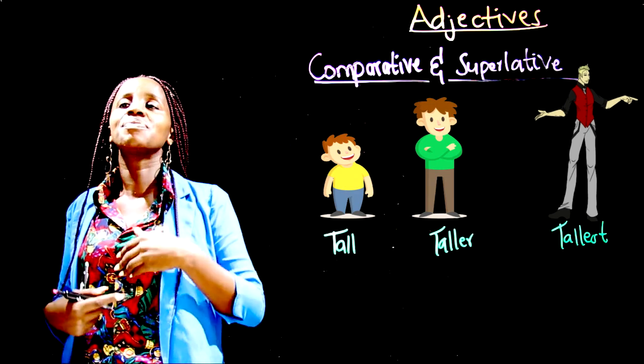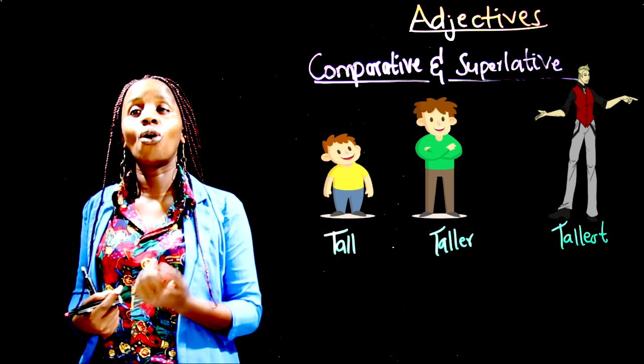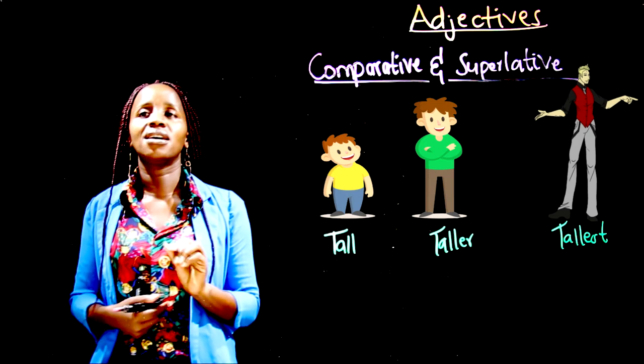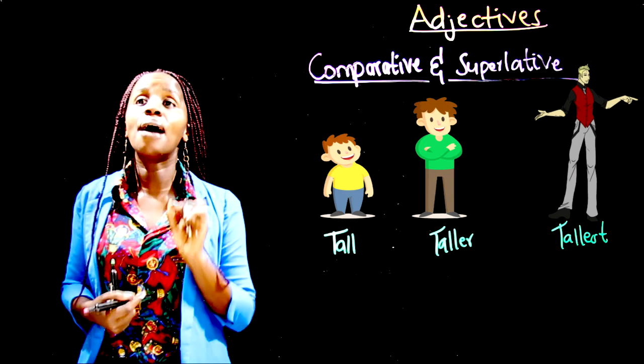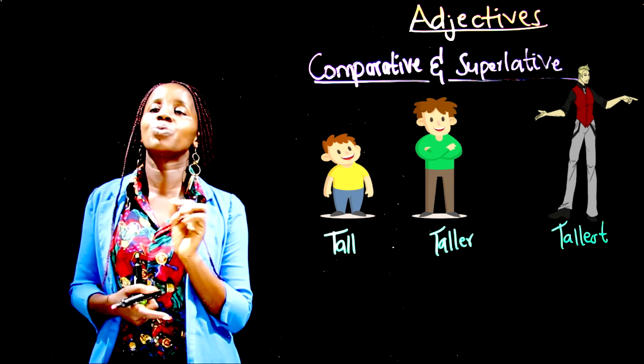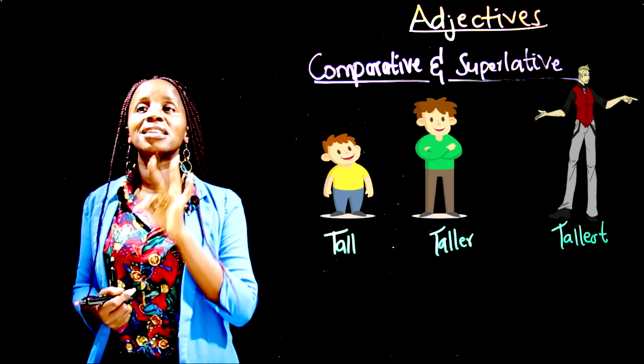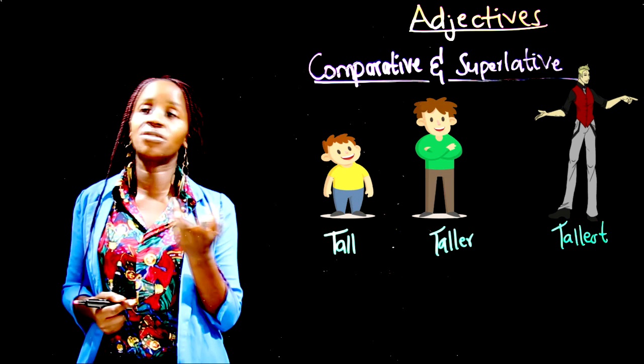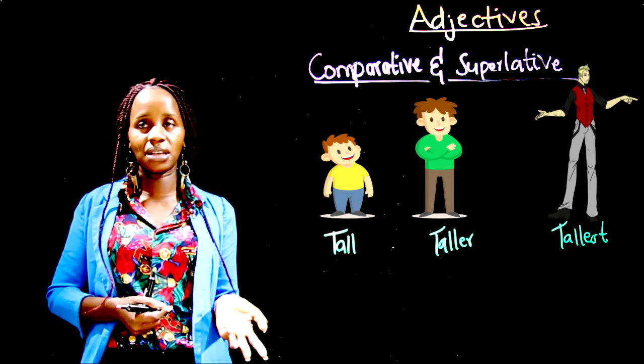We are bringing out the superior nature of whatever we are describing. And we use the preposition "among" because we are comparing more than 2 or 3 items.